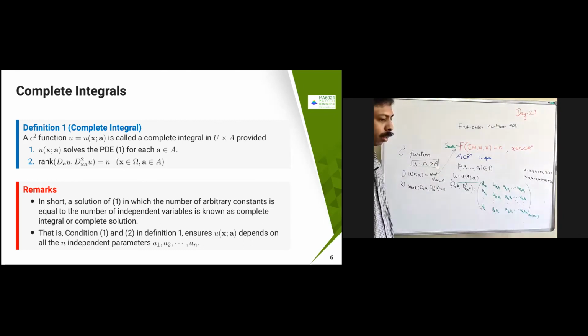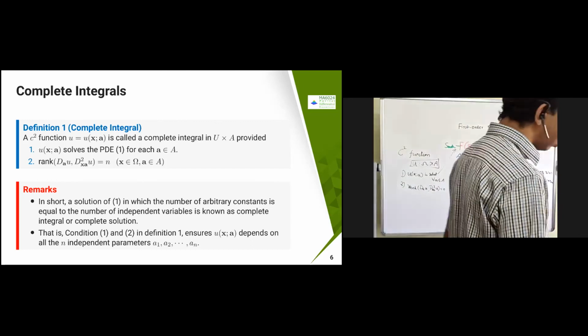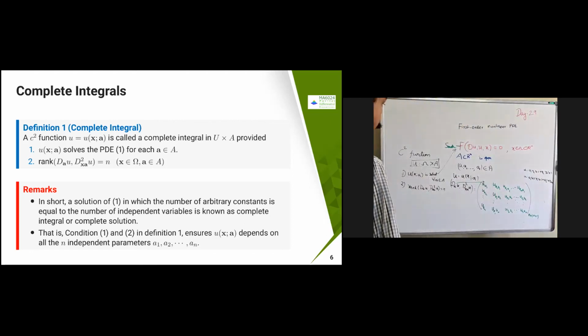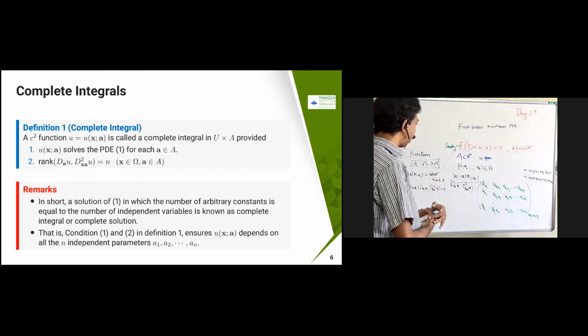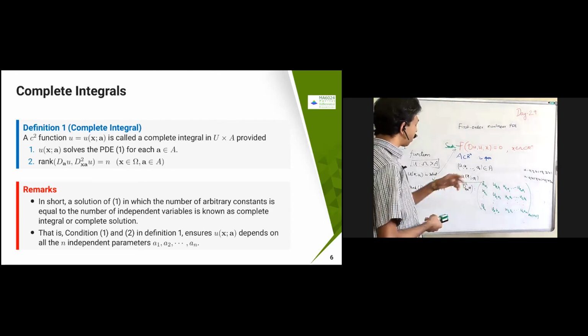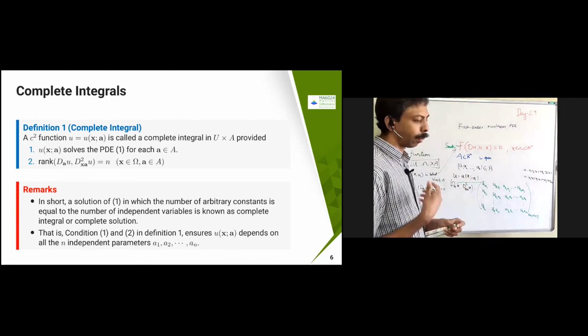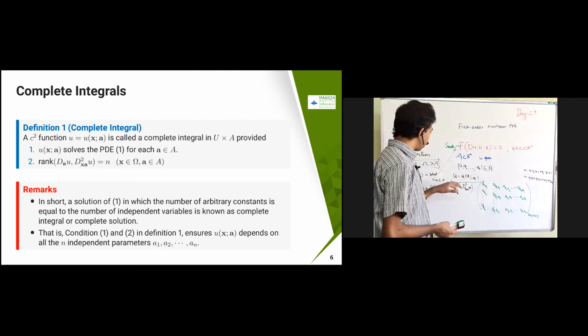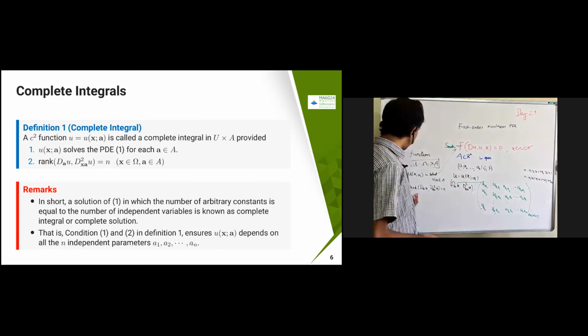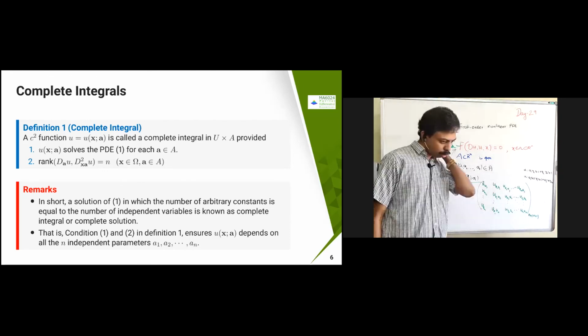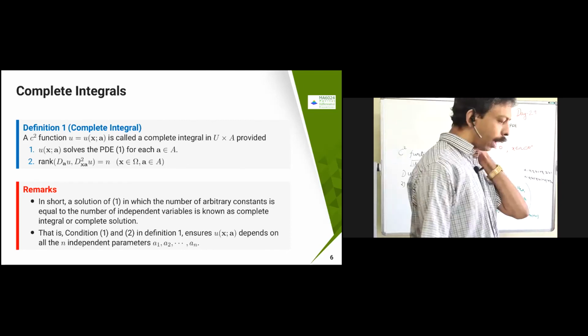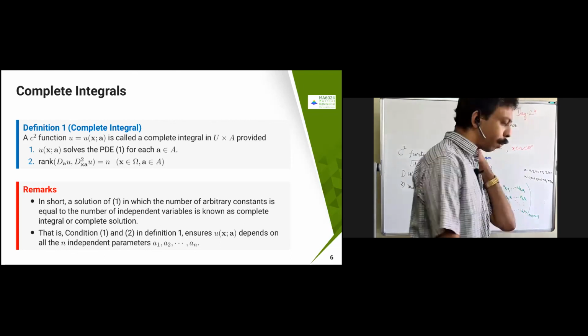So in precise terms, what we are trying to say is that if U is a solution of the PDE, then for each independent variable you should get a corresponding arbitrary constant. The rank of the matrix DAU, D x A square U being n means this should have at least n independent arbitrary constants.